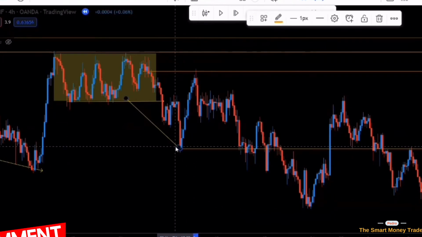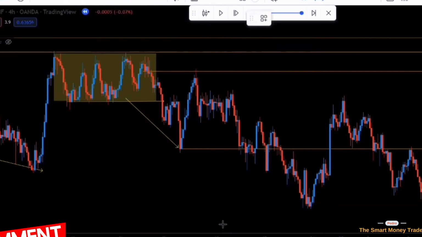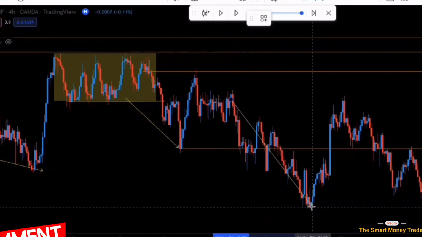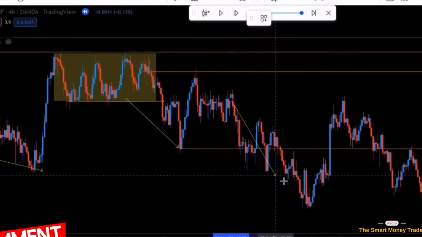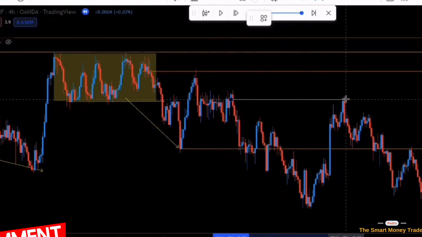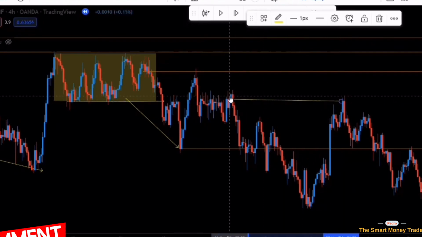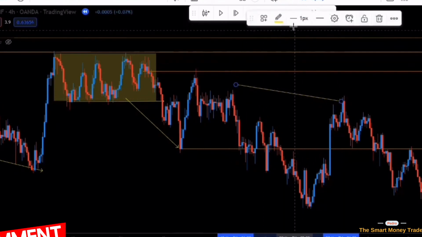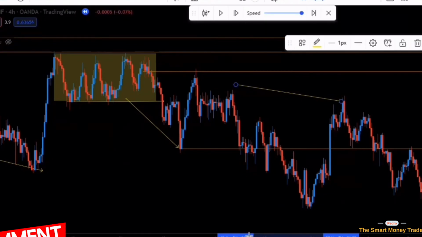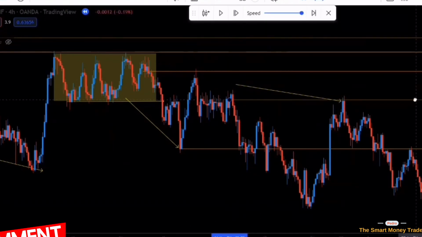Look at that. So it broke this structure, right? And look at right here, another banker's candle. It continued to go, and then with a nice flag up again to this banker's candle right here, again, right there. And this will continue, right?